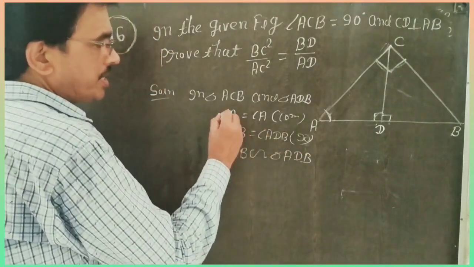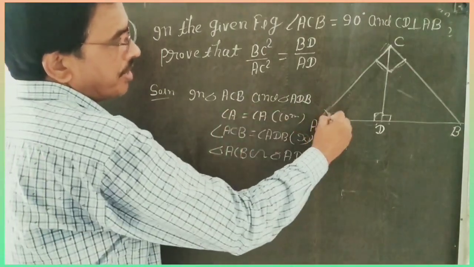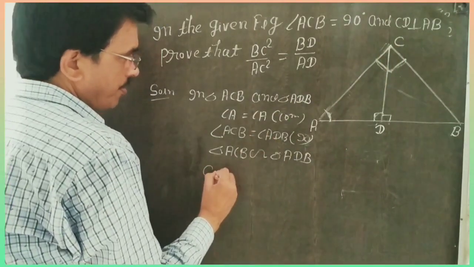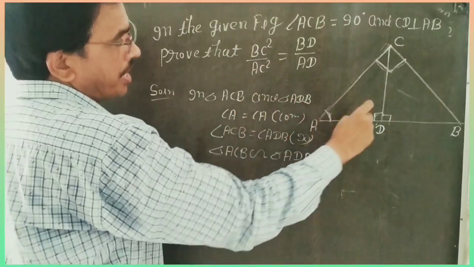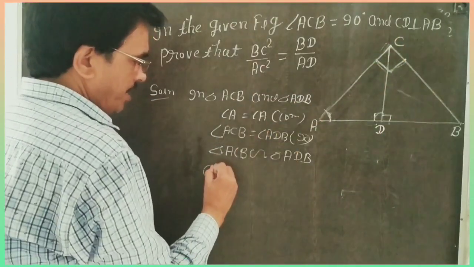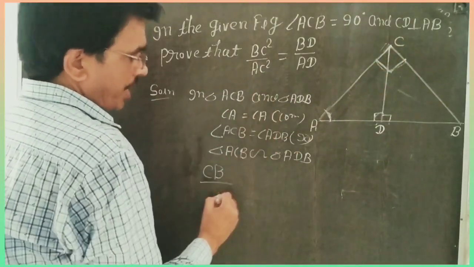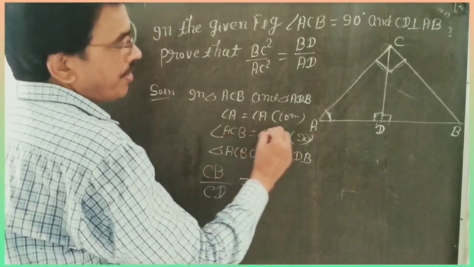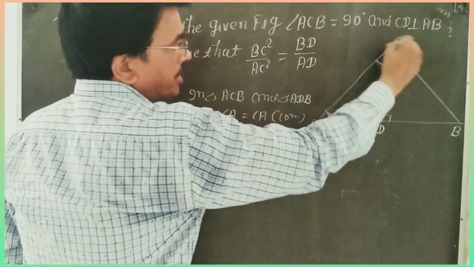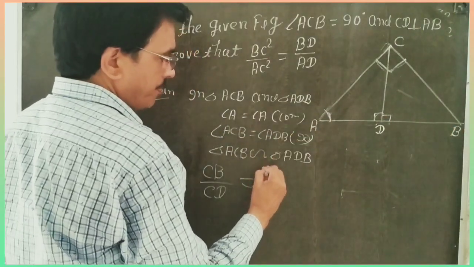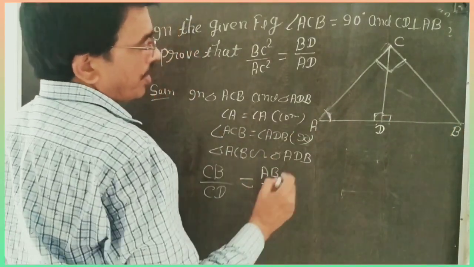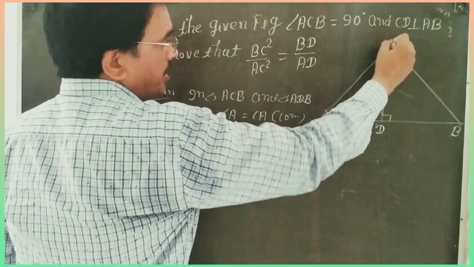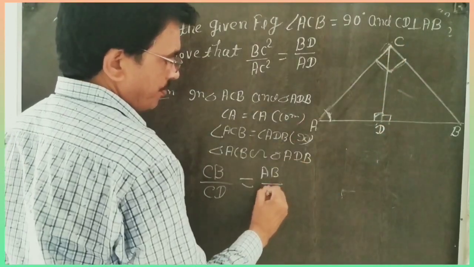What is their relation? Opposite of A in the large triangle is BC, in the small triangle it is CD. Opposite of angle ACB is AB. Opposite of angle ADB is AC.